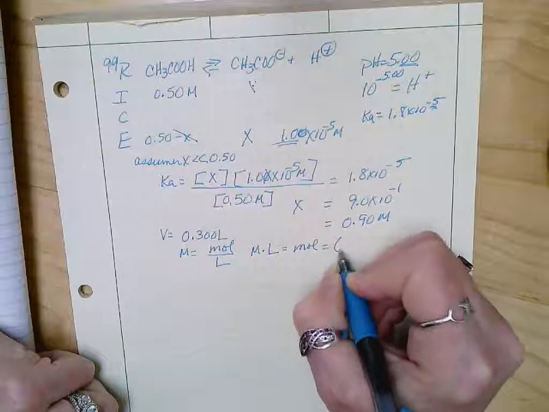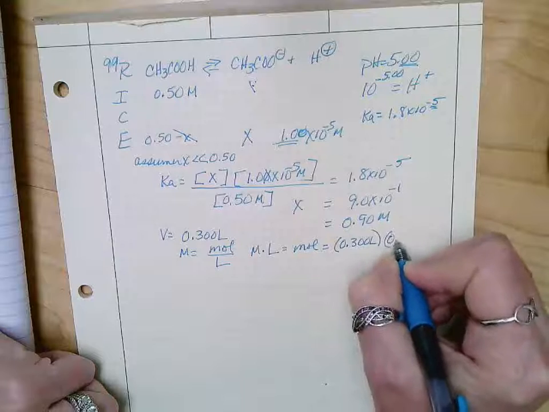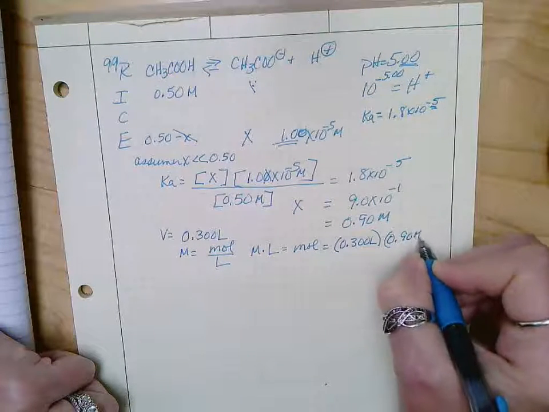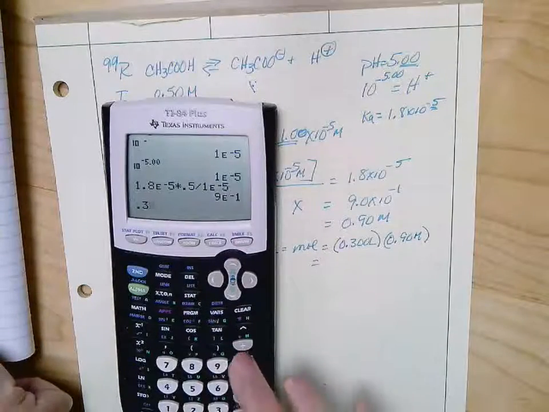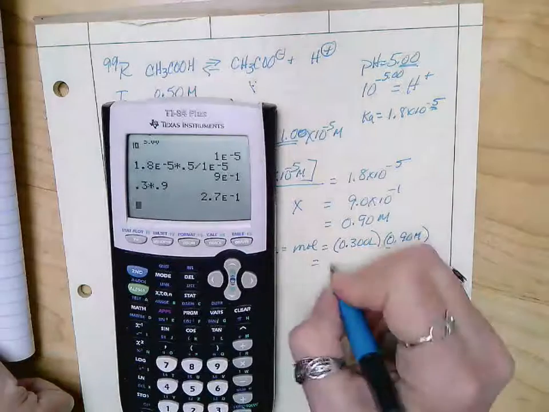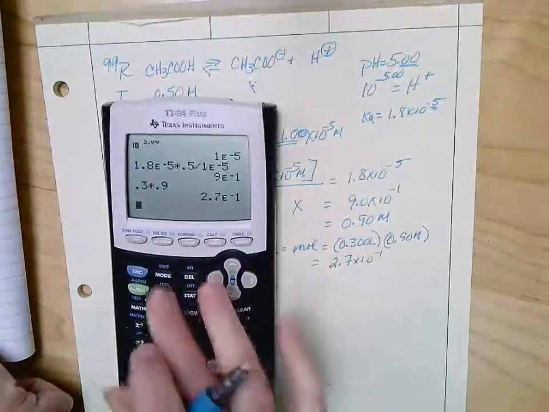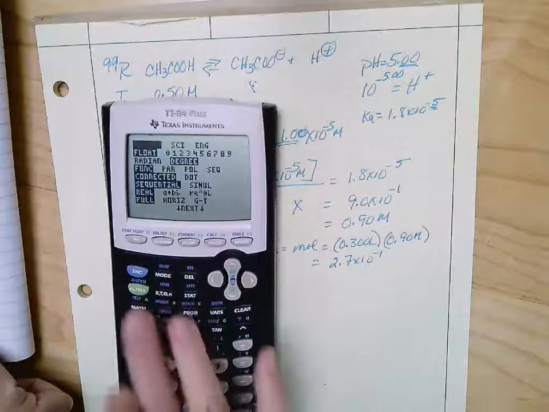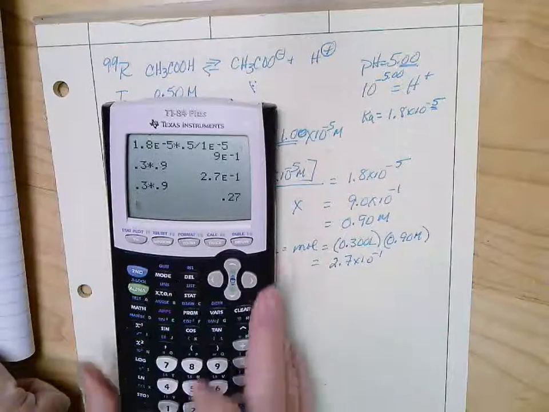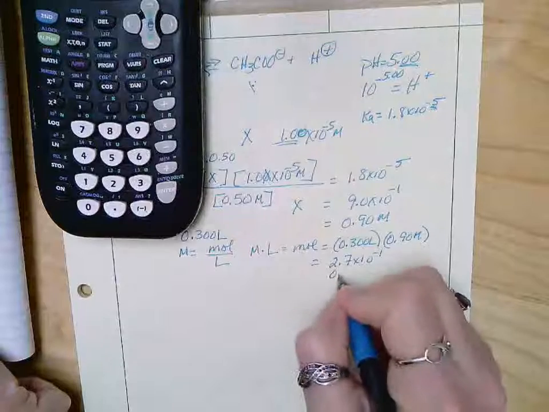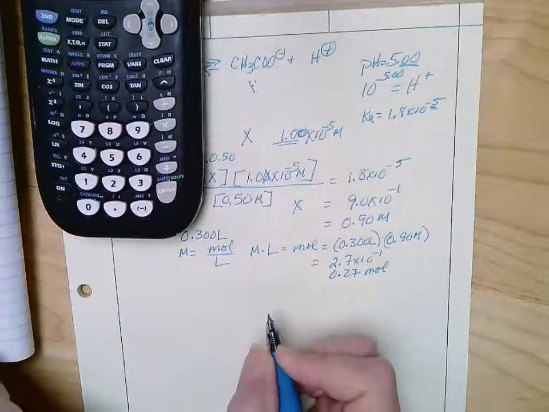That's going to equal 0.300 liters times 0.90 molar, and 0.3 times 0.9 equals 2.7 times 10 to the negative 1. Let me get this out of scientific notation. It's 0.27 moles that I need of sodium acetate trihydrate.